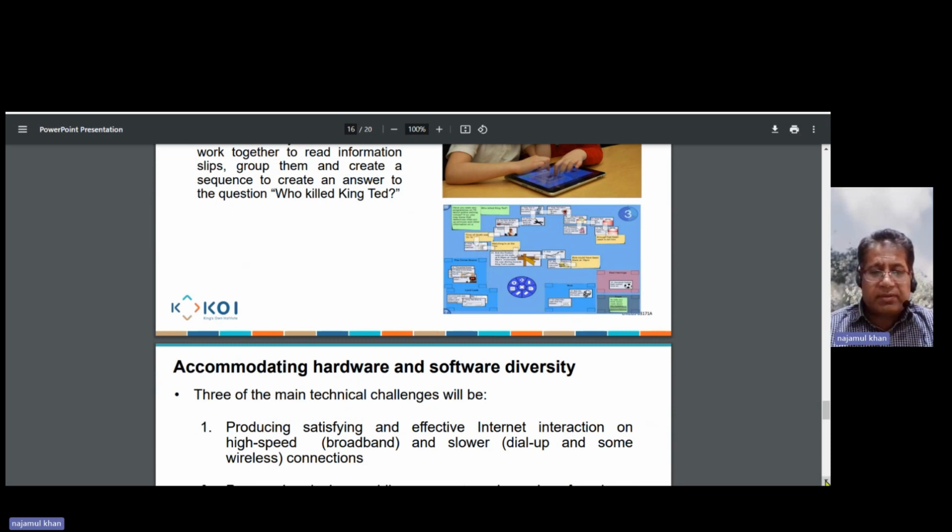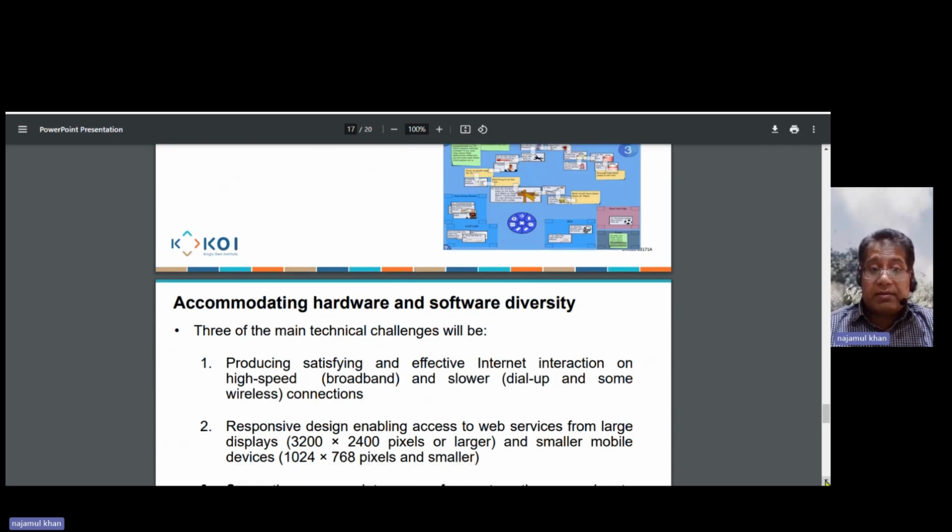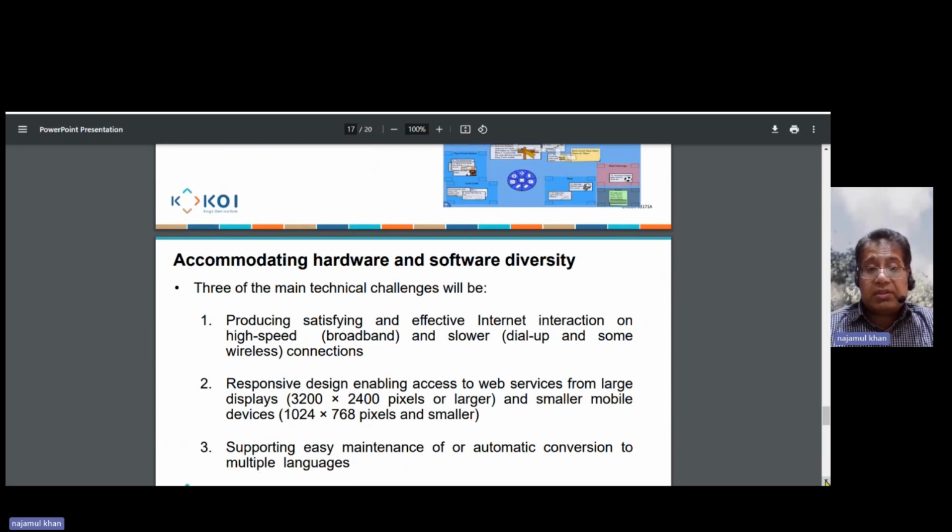Okay, let's continue. We're about to finish here. It's not much today, but anyway. Okay, accommodating hardware and software diversity is another important topic. There are main technical challenges. They may be like producing satisfying and effective interaction on high-speed broadband, and in some cases, slower dial-up and some wireless connections. These dial-up connections used to be the technology 20 years ago, but now we've got high-speed broadband connections, which ensure faster internet connectivity.